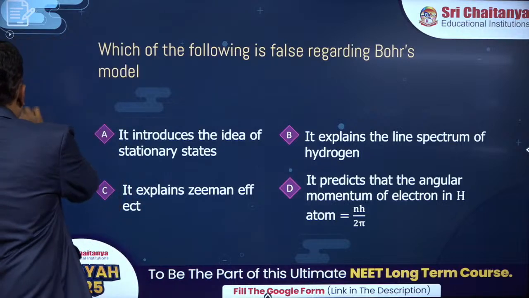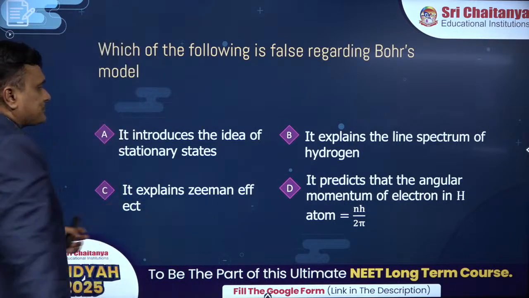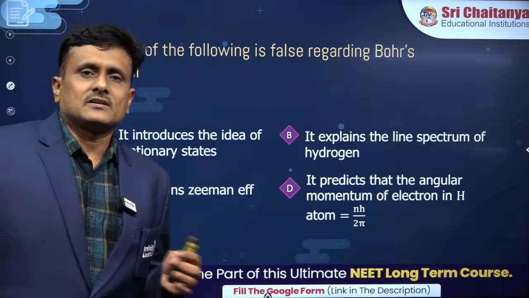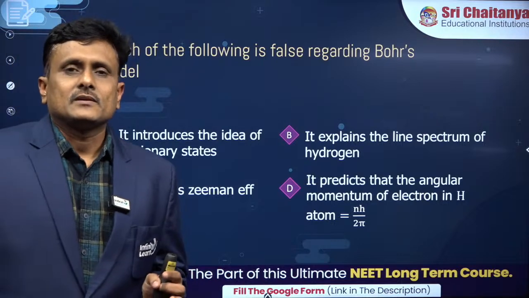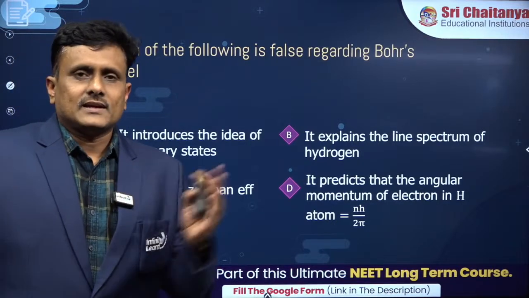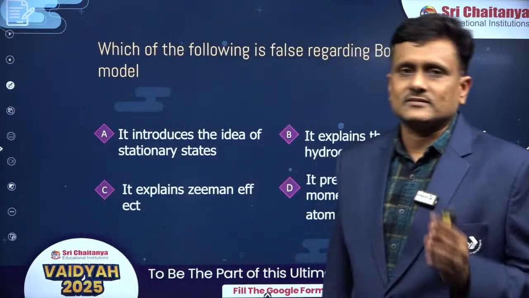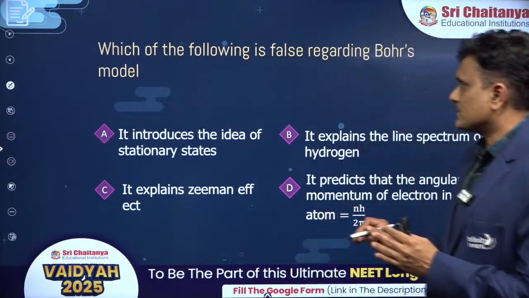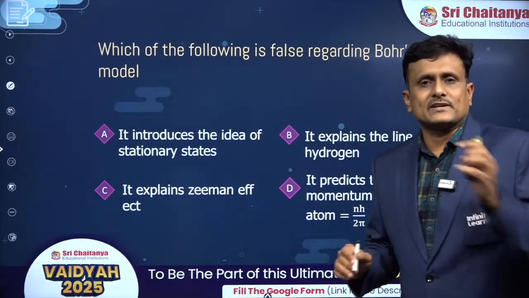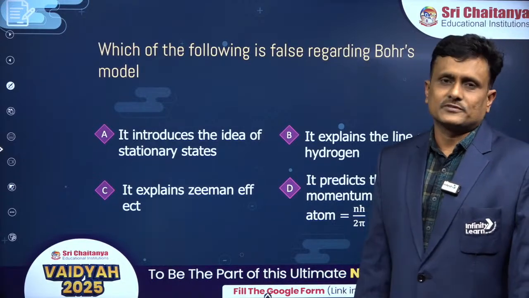In all these questions, when you are solving the statement based question, they will consume time. So we have the elimination method or the identification method to get the answer. But this question is straight away based on the demerits of the Bohr's theory.